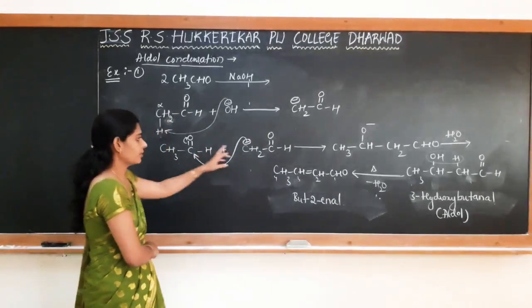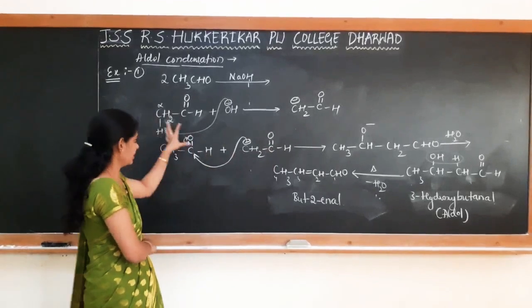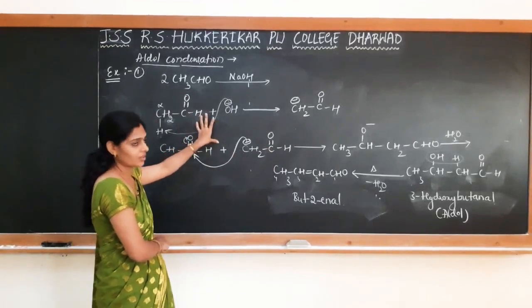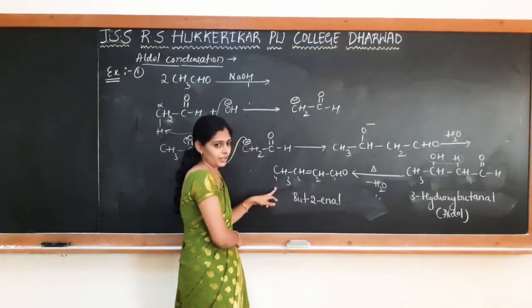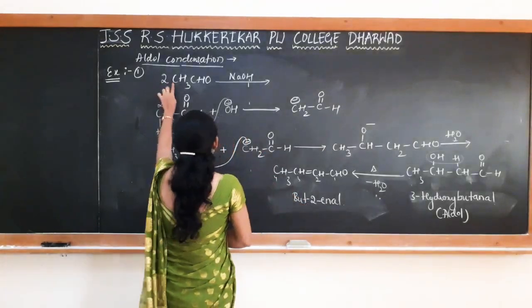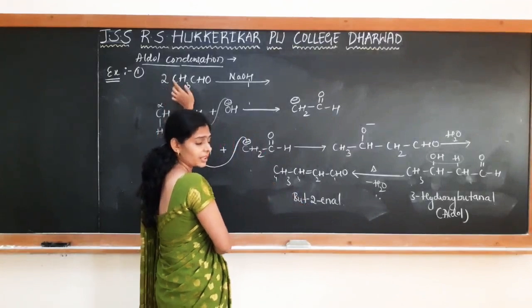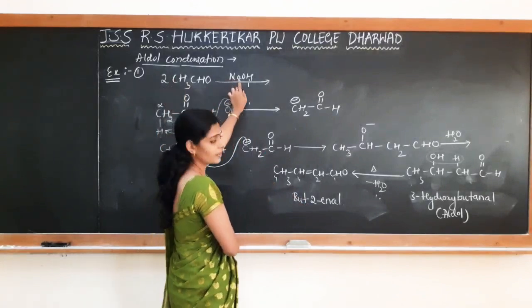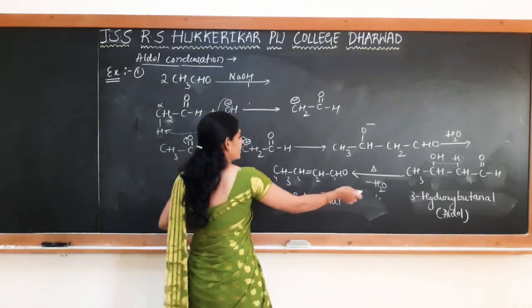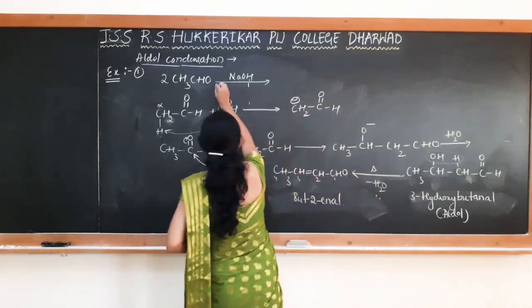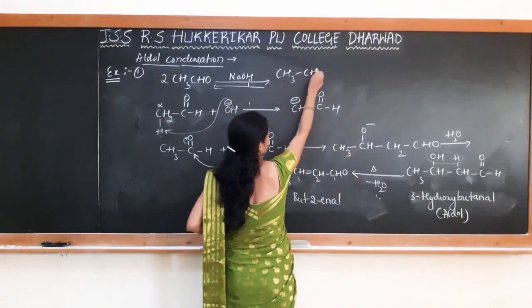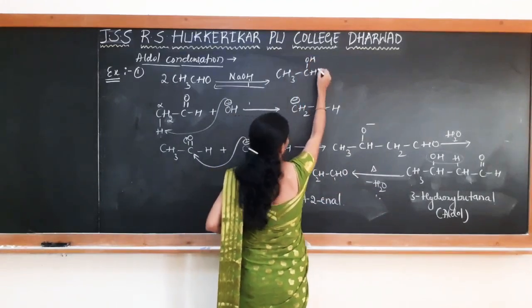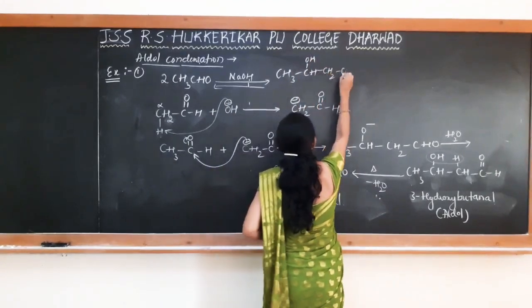Okay, no need to write all these things when they ask in the examination. You can just write the main product, the aldol product and the aldol condensation product. So when 2 moles of ethanal are subjected to aldol condensation in presence of dilute alkali, first there is a formation of an aldol, that is 3-hydroxy, CH3 CHOH CH2 CHO.